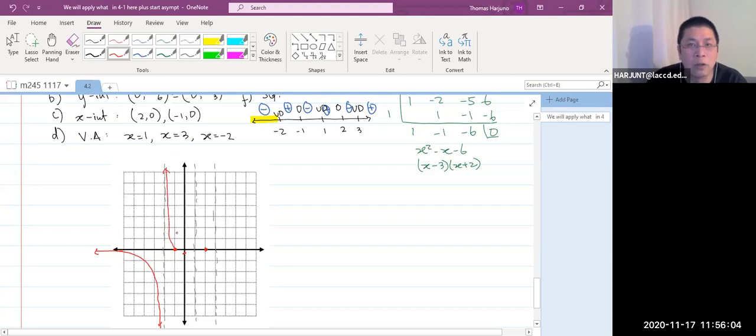From negative 1 to 1, negative. From 1 to 2, positive. From 2 to 3, negative. And from 3 to infinity, positive. But we have a horizontal asymptote, so that's what we will do.